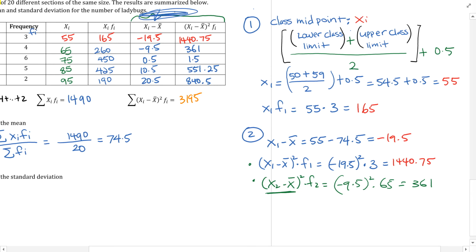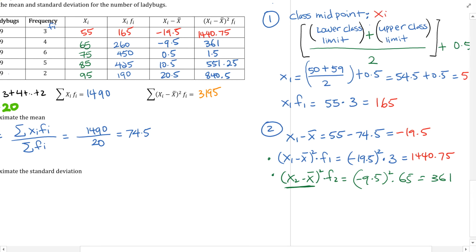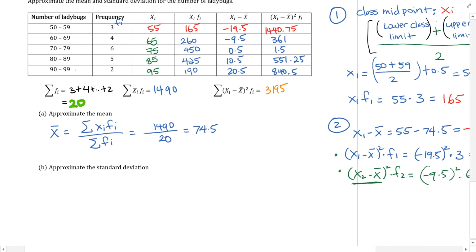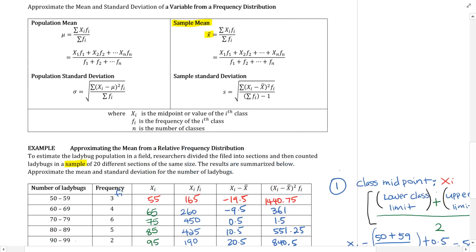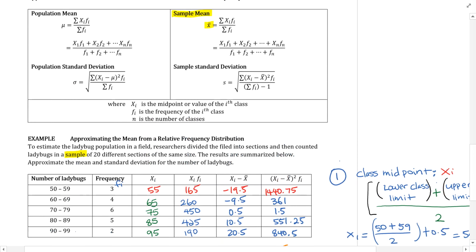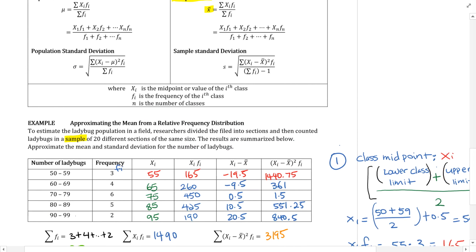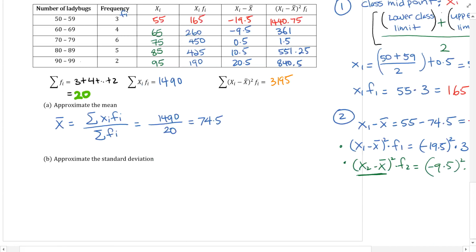Note that before I can calculate standard deviation, I need the mean. Now I can use that to calculate my standard deviation. Recall standard deviation uses this formula over here. The top is the summation of xi minus x bar squared times fi. Notice that this top is the sum of this column. And the bottom is the summation of fi minus 1. So let me do it.